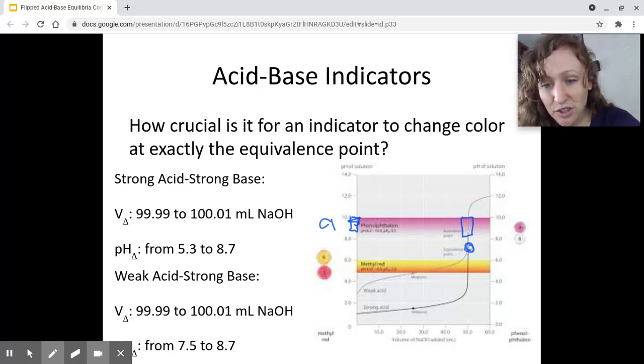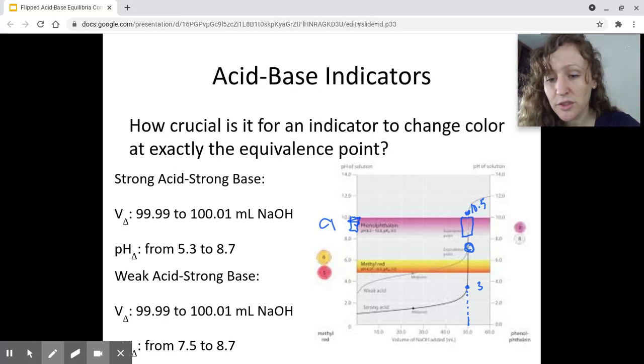Well, yeah, actually we can, because look at this pH change that occurs. Our pH is going to change from about 3 to over 10, so let's say like 10.5. Okay, so we get a pH change of like 7.5 with almost no change in volume.